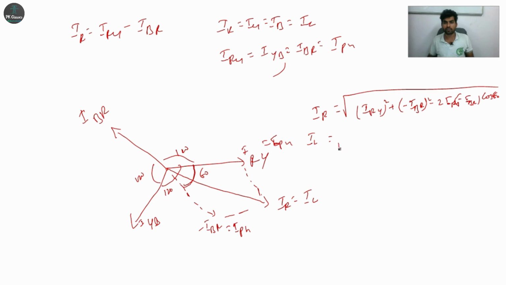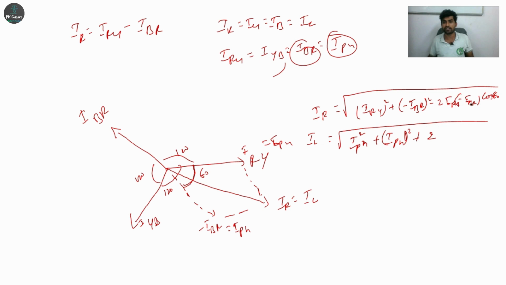IL. So IRY is what? I phase, right? I phase square, and IBR also is what? I phase square. So minus, minus times minus, plus 2 IRY IBR. So definitely I phase square.